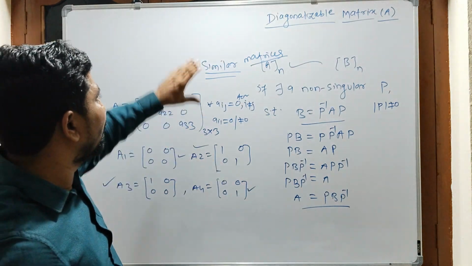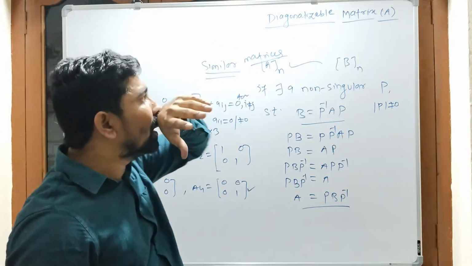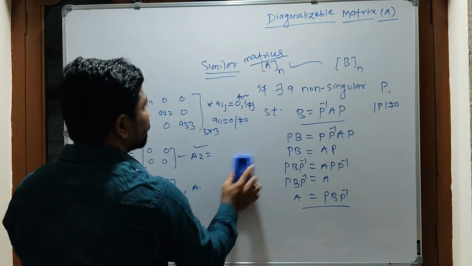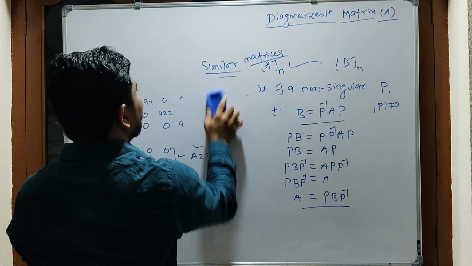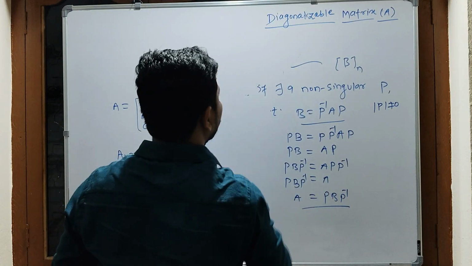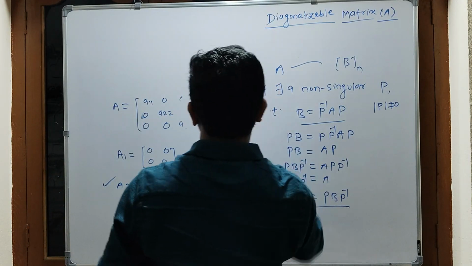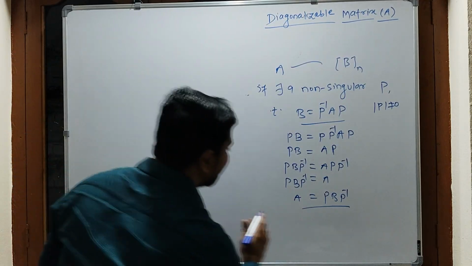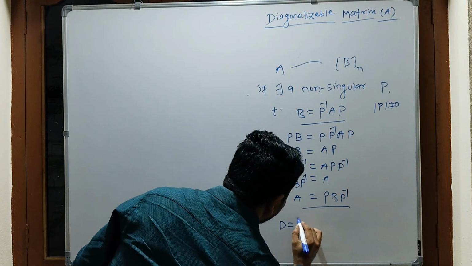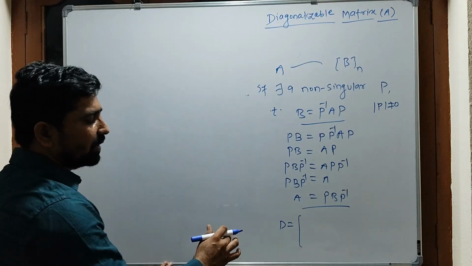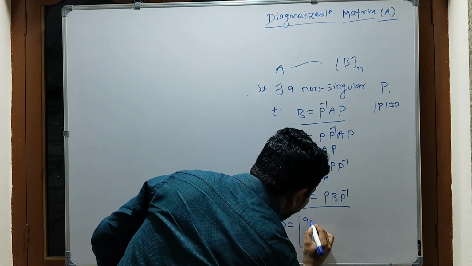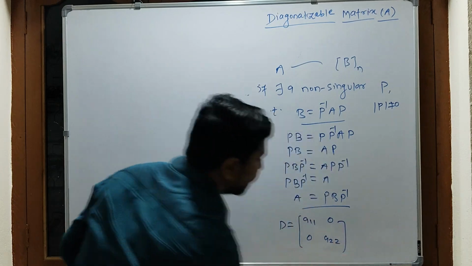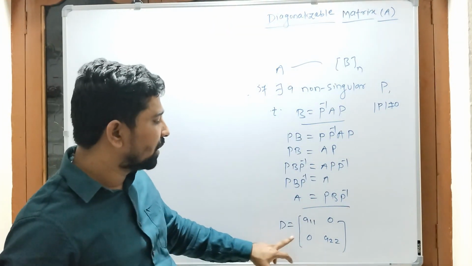Now I am going to the concept of diagonalizable matrix. What is meant by diagonalizable matrix here? So this is my A. Here I will write D equal to, for example, any general diagonal matrix D: A11, 0, 0, and A22.